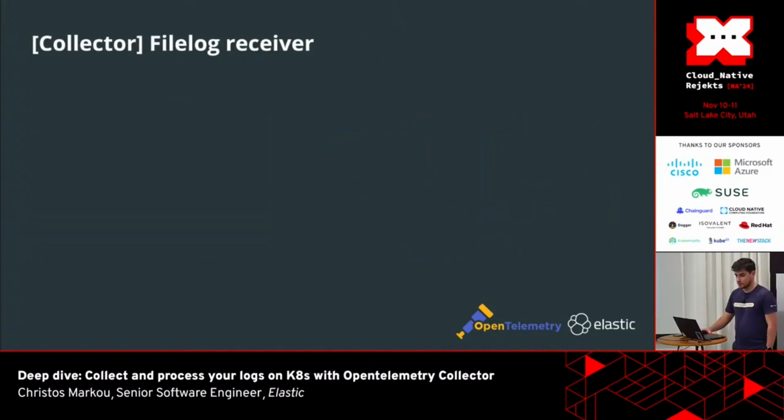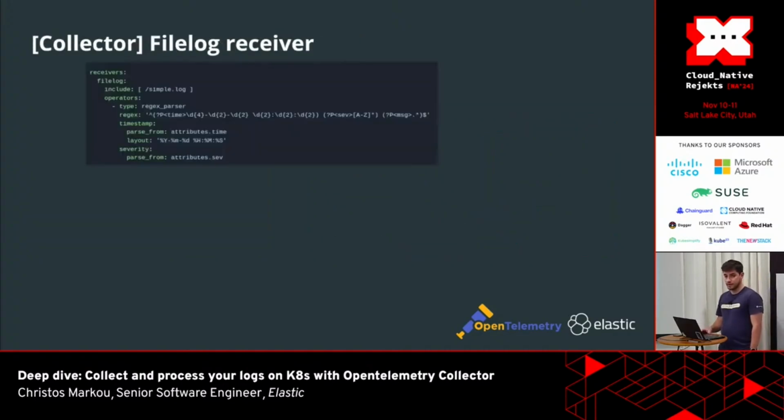The collector now has a specific receiver for this job, for collecting logs from files, which is called the filelog receiver. With the filelog receiver, we can specify which files we want to watch and collect the logs from. It's this include section there, and we can also define an additional set of operations which are performed by the operators section here.